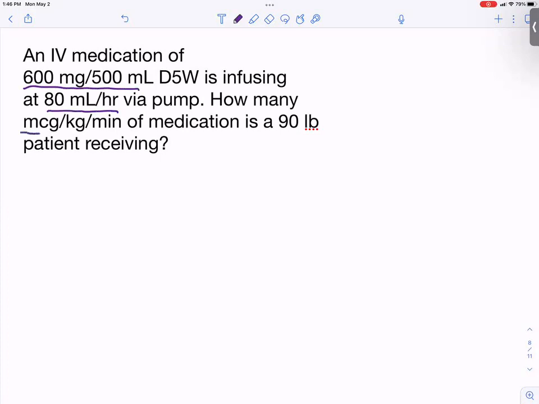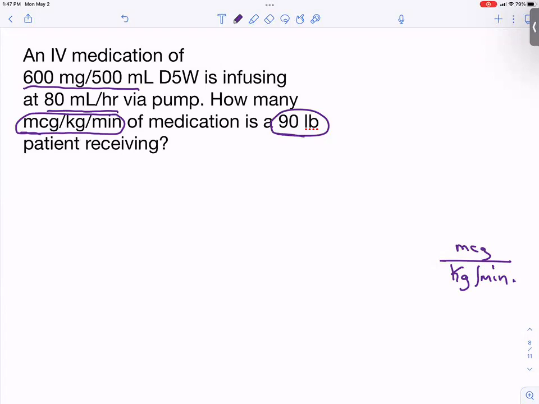How many micrograms per kilogram per minute of medication is a 90-pound patient receiving? So it's asking you to solve for micrograms per kilogram per minute.